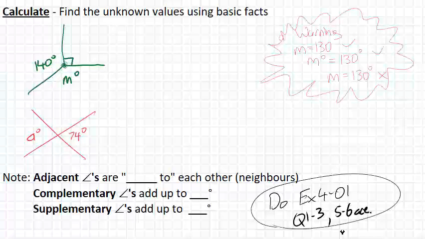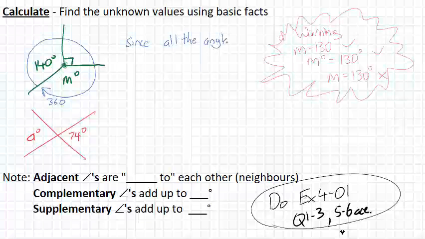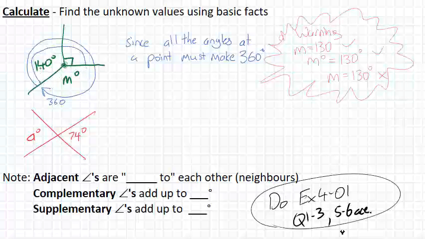So let's have a go at this green example here. Well, in this situation, we know that if we went all the way around, that has to be 360 degrees. So we could even write this, since all the angles at a point, that's the way we describe it, must add up to, must make 360 degrees, well then that means we know that to work out M, we could work out what the rest of it is.